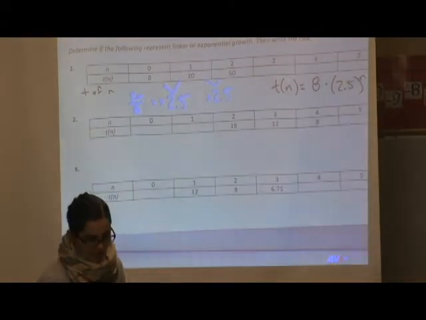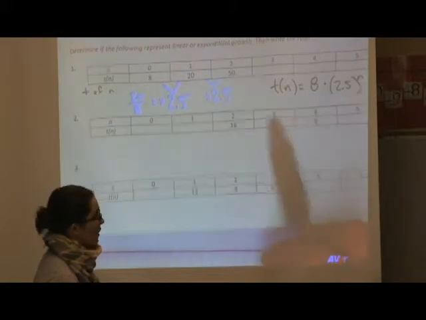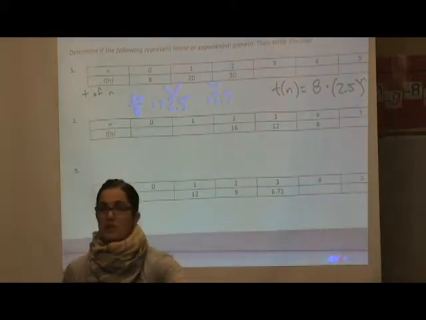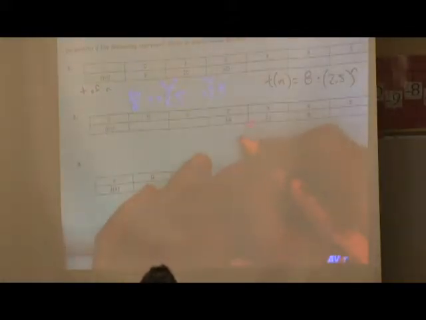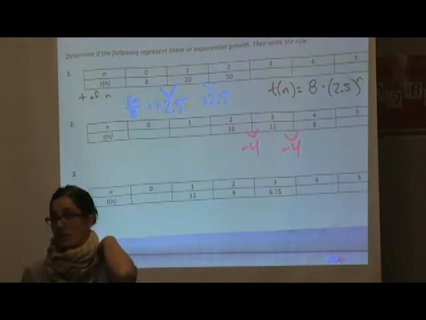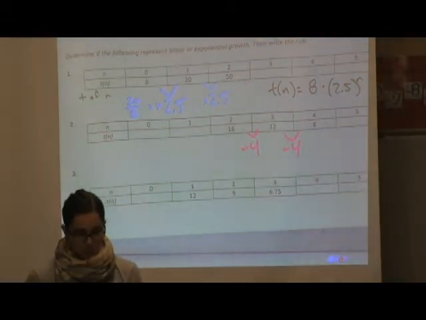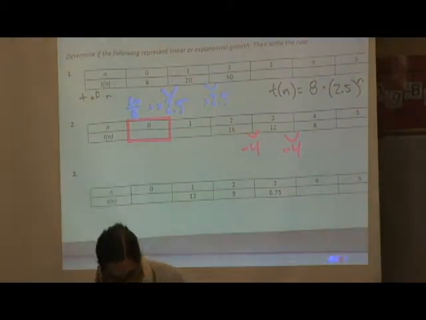Okay, so looking at the second one, I'm always checking first to see if it's linear. Is it adding or subtracting? Here I can see, great, that's -4. Awesome, that's -4 again. Linear. Fantastic. It's fairly straightforward. Of course, we need to go backwards though to find our y-intercept, right? Things we've done before.